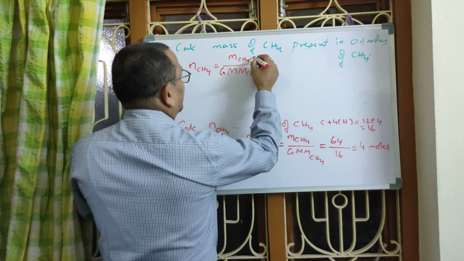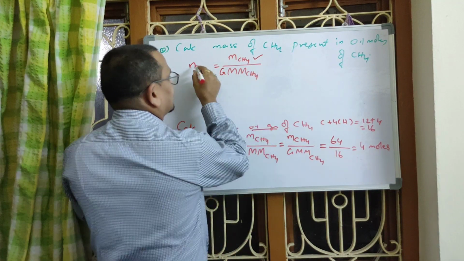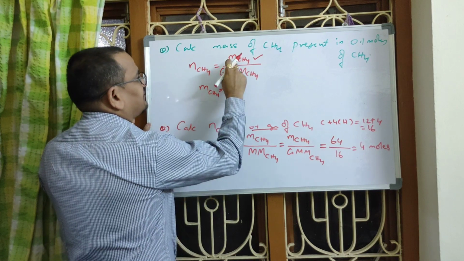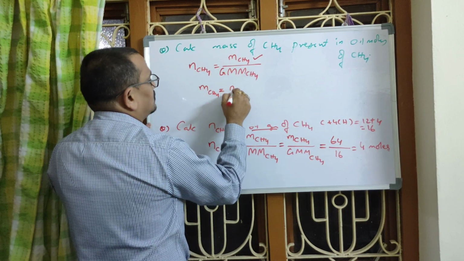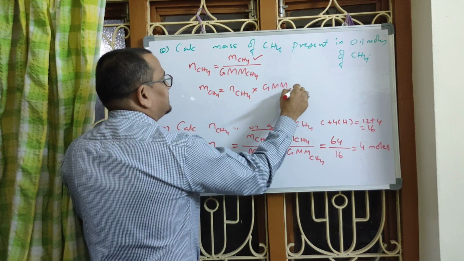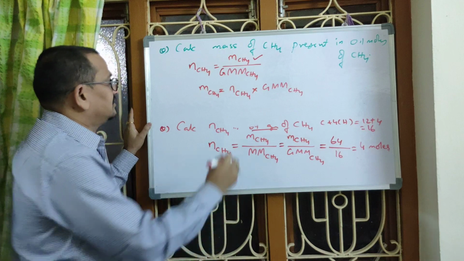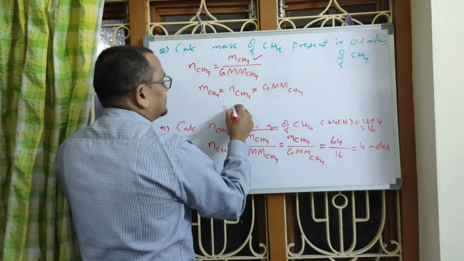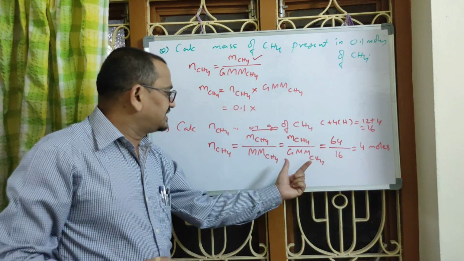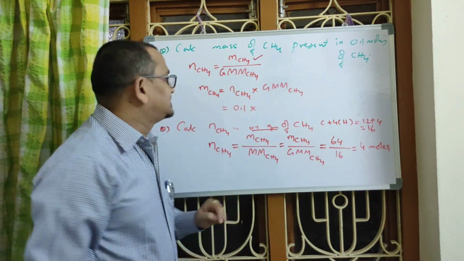Now this value is asked to calculate. These two are given. So the mass of methane equals the number of moles of methane into the gram molecular mass of methane, right? It's a very simple relation. The number of moles given is 0.1, into the gram molecular mass of methane. Just now we calculated the gram molecular mass of methane as 16 grams.